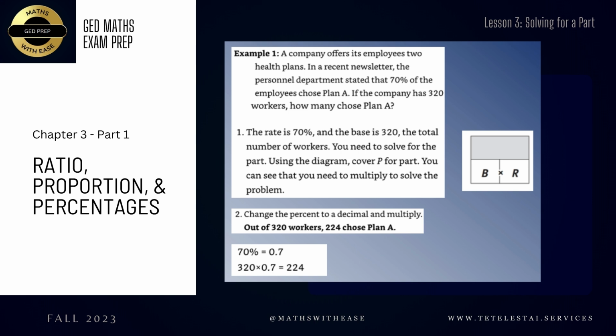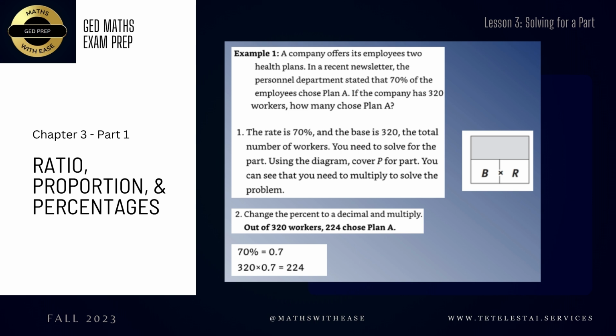So since the diagram is telling us that the way to find part, which we've covered up, is base times the rate, you would just multiply the information that we have about the base, which is 320, times the rate, which in this case is 70%, which we've rewritten as 0.7, right?